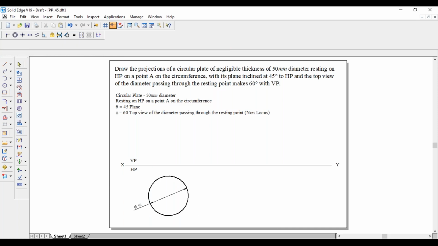Now this is not made up of hard surfaces, so we don't have corners on the circumference of the circle. It is just a point on the circumference. Then we have to divide this circle into equal parts.